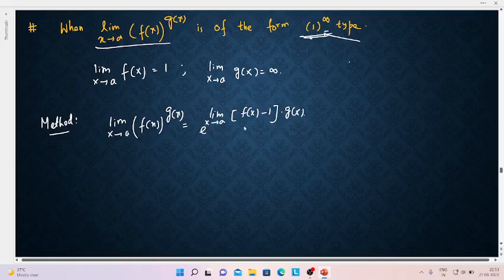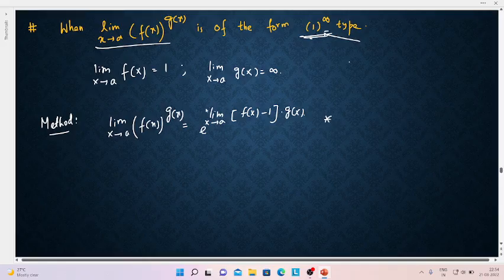This is the formula. When the limit of f(x) to the power g(x) is of the form 1 to the power infinity, we can write it as e to the power limit x tends to a of (f(x) minus 1) times g(x). You have to remember that.